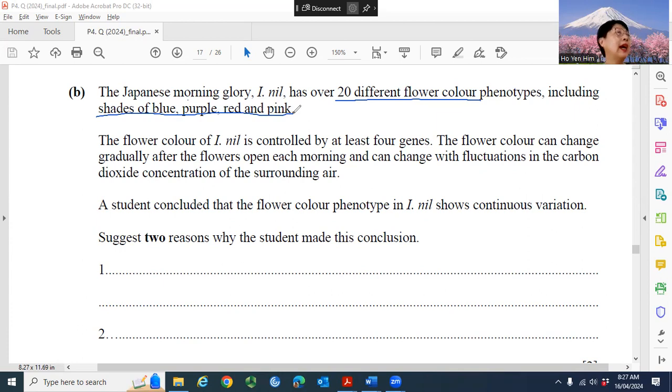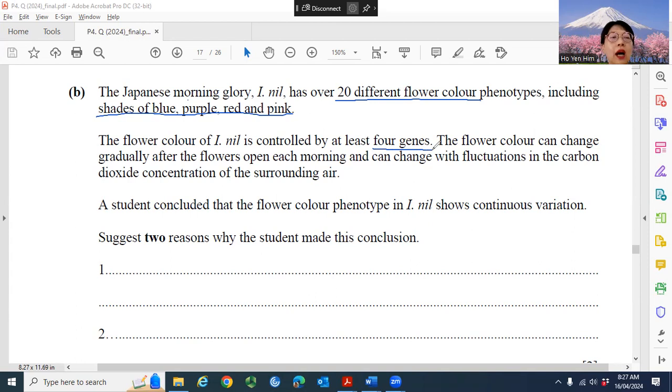So that means the color changes gradually from one phenotype to the next one. Just like our height changes gradually. You've got 157, 158, 159, 160 cm and so on. So it's a gradual change. And then it's controlled by at least 4 genes. So it's not only one gene with 2 alleles that controls it, there are altogether 4 different genes that give the color.